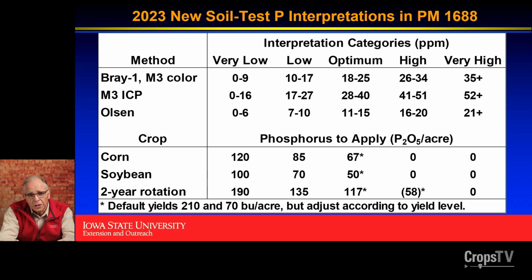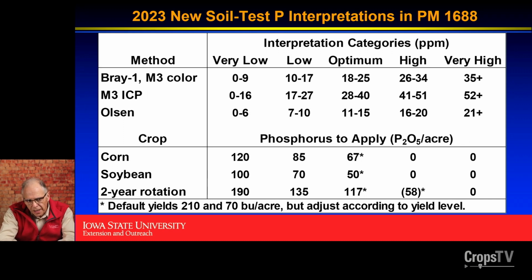And then we have the Olsen, which has the lowest ppm, but just because of the extraction, and is the top recommended test for highly calcareous soils, okay? And then we have the rates. And as I said before, we strongly suggest that the farmer and the consultant use the prevailing yields. Now, labs have told us that we need to provide a default, because many farmers do not give them the yield. And if they are in the optimum, they don't know what to recommend.